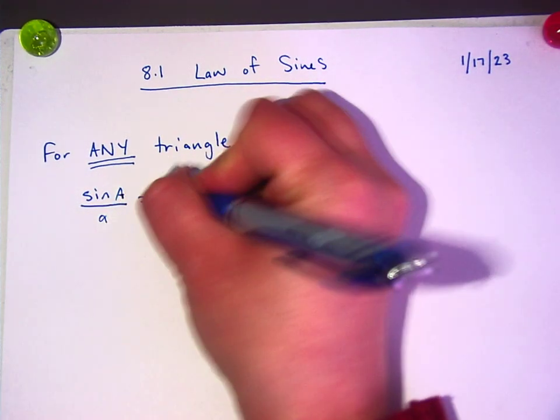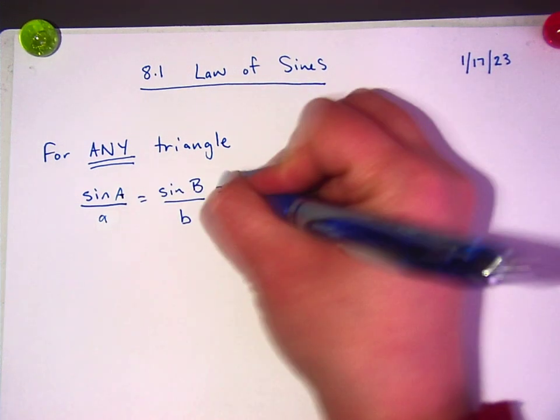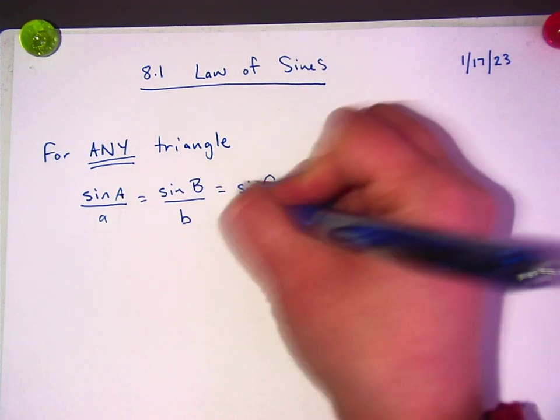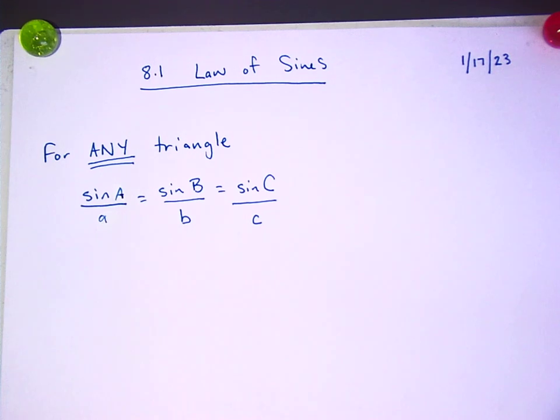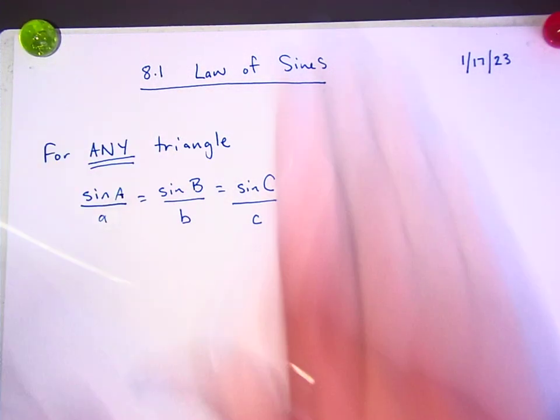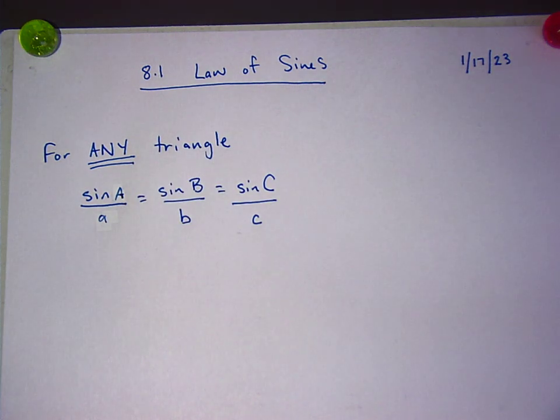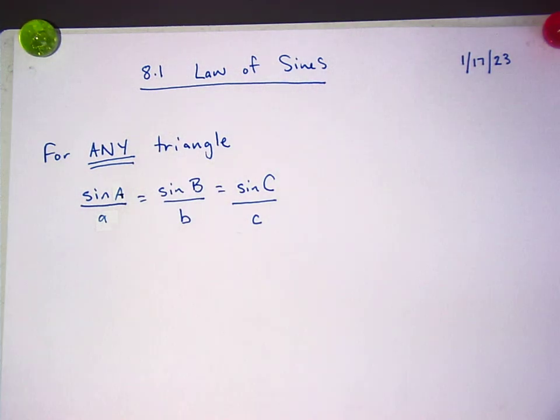Is equal to the sine of big B over little b is equal to the sine of big C over little c. You don't have to have all three. In fact, you almost always have just two of them that you're using, depending on what you decide to do. But it's just saying that all the sides could be related to each other if you want them to be.